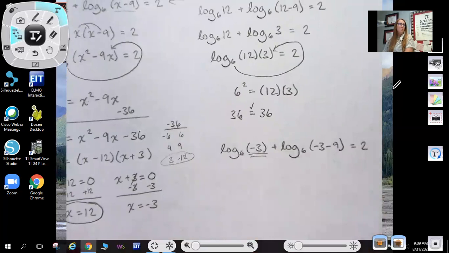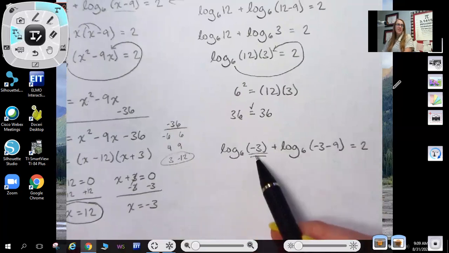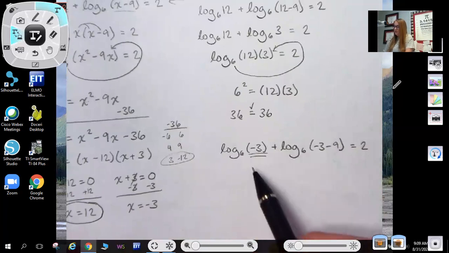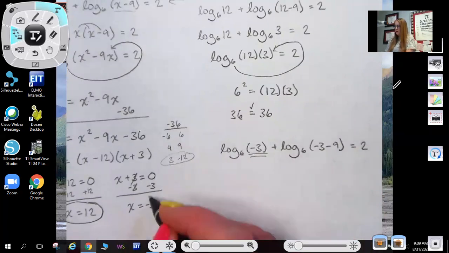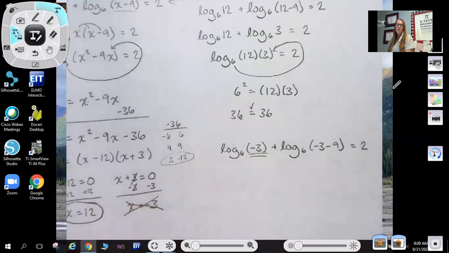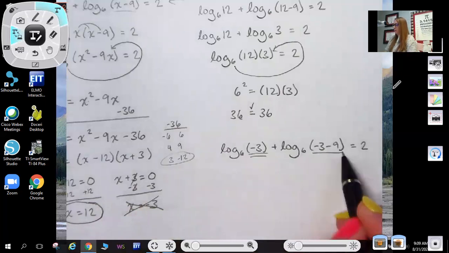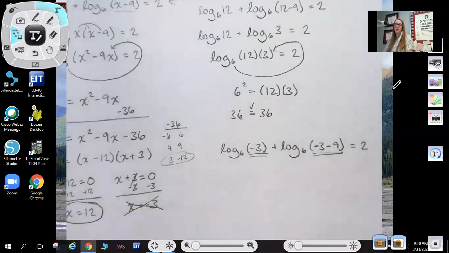It's not being multiplied by another negative number that might possibly make it positive. It is negative and it is staying negative. So that immediately tells me x equals negative 3 cannot be used as a solution. This number also ends up being negative. Negative 3 minus 9 gives us a negative 12.